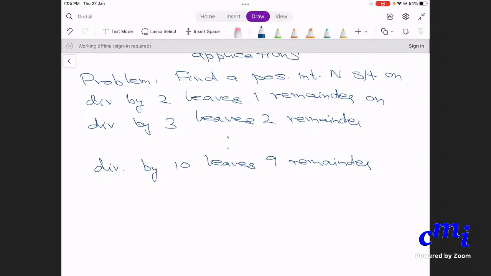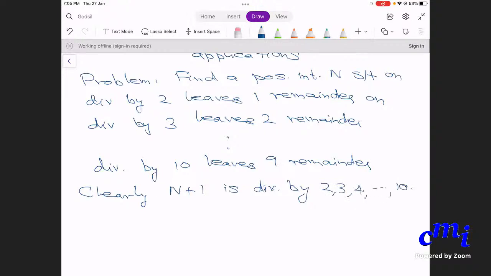This problem, as it turns out, is quite easy to solve, because there is a certain pattern in these remainders. If on division by 2 it leaves remainder 1, then when you add 1 to that integer, it's divisible by 2. It's also divisible by 3, by 4, and so on, up to 10. So clearly, if n is that integer, n plus 1 is divisible by all of 2, 3, 4 up to 10.